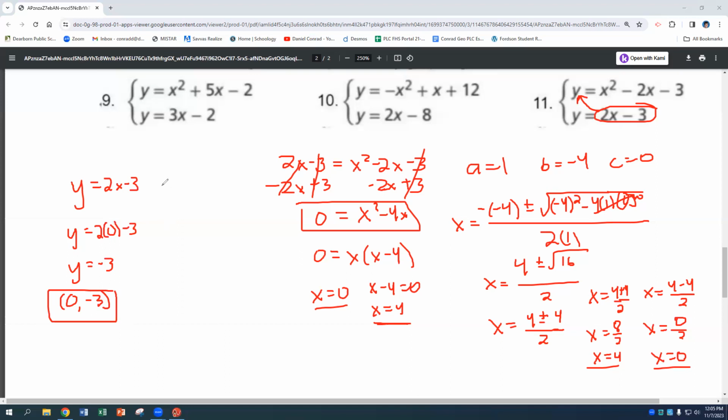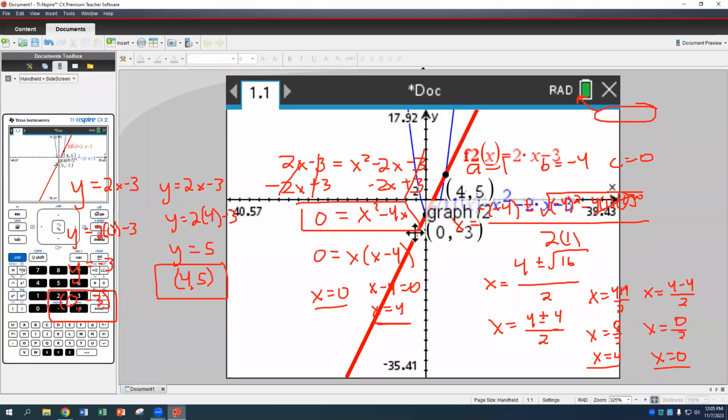And the other one, y equals 2x minus 3. I'm going to substitute in 4. 2 times 4 minus 3, which is going to give me 5. So my other solution is 4 comma 5. All right, which is what we had on our graph.